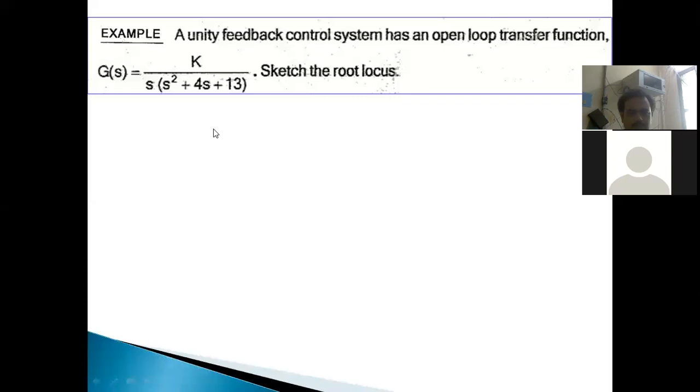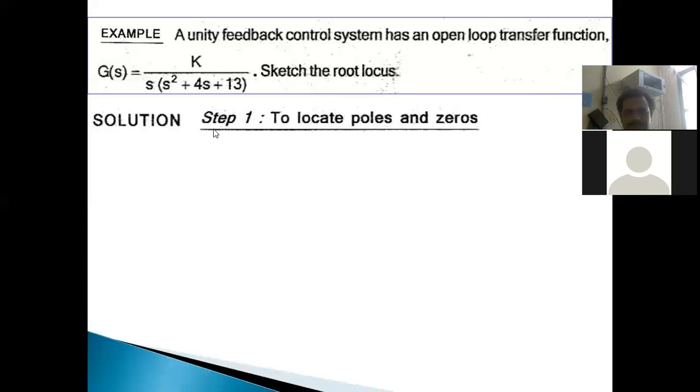Now the first step: we have to identify the poles and zeros. The first step while constructing root locus is that the root locus always starts at open loop poles and finally ends at open loop zeros.